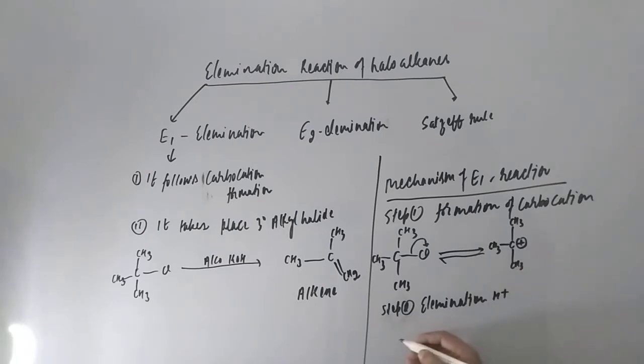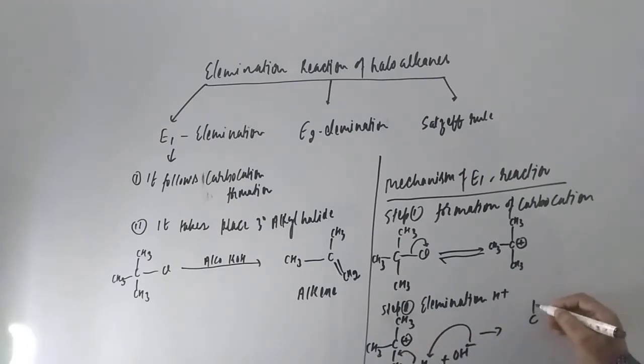I am writing the same carbocation, with the positive charge, CH3 on this side, CH3 on this side, and CH2 with H on this side. The OH base will attack this hydrogen and the bond will shift here. The final product is CH3, CH3 as usual, and the double bond CH2, plus water is formed.